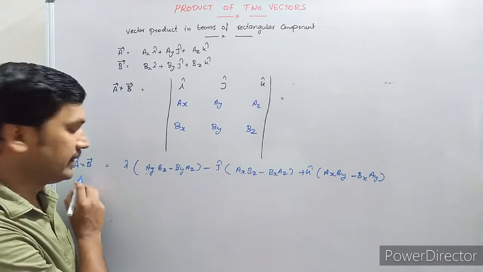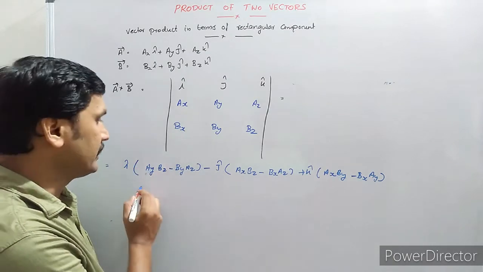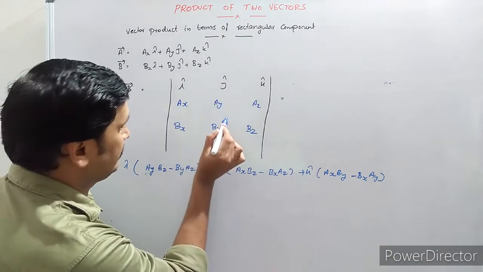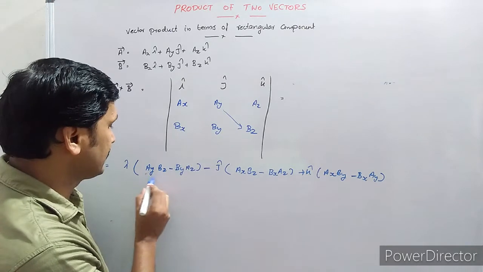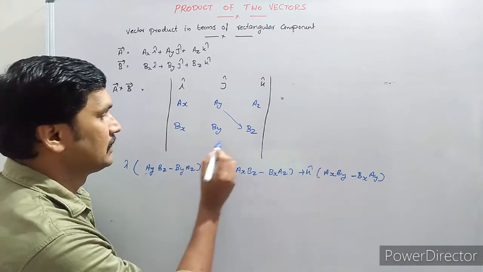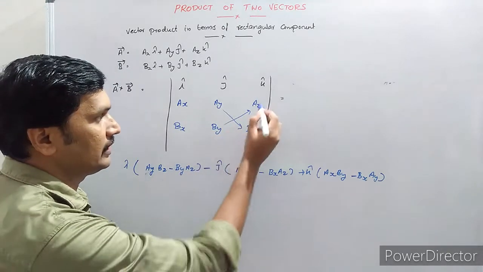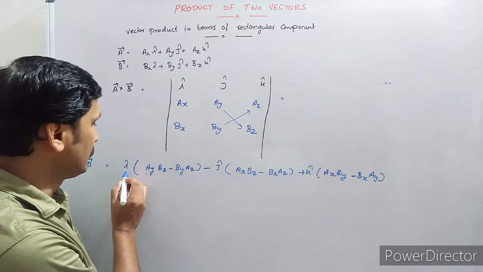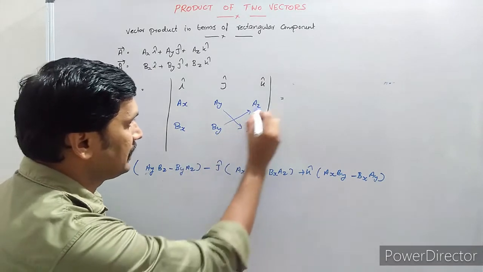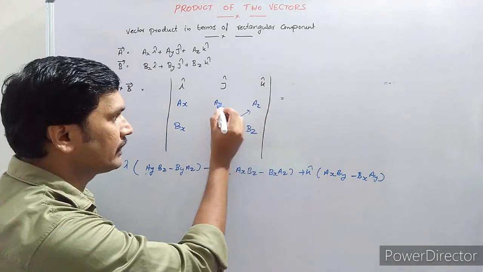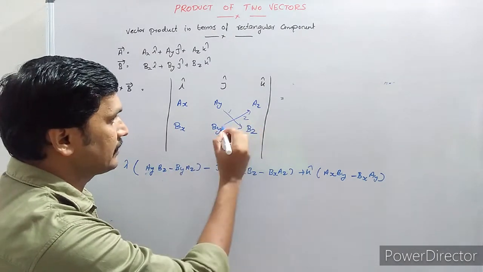First write a cross b is equal to i into ay bz minus by az, taking the product in this cross order. First this one, and second minus this: ay bz minus by az.